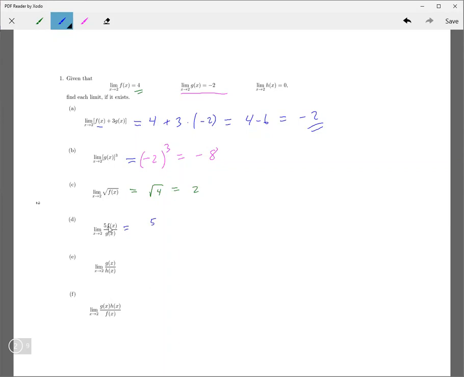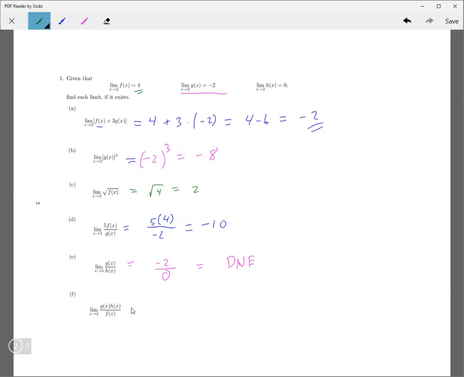So it's 5, and then the f of x limit is 4, and the g of x limit is -2. So that works out to be -10. Okay, and then this next one, the g limit is -2, and the h limit is 0. So that's 2 divided by 0. So this one you enter in DNE, which stands for does not exist.